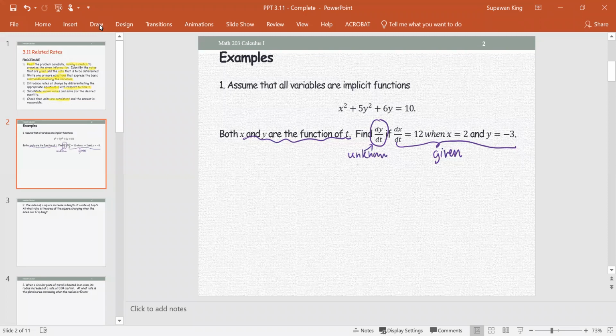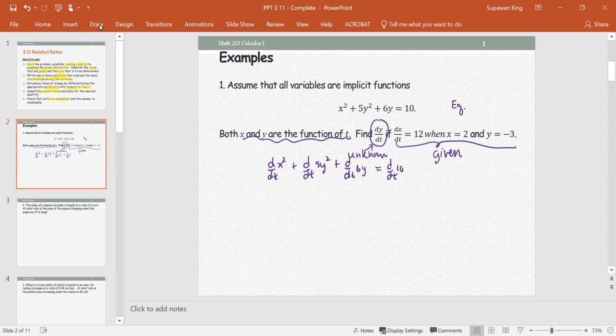Now, the equation provided, the implicit equation, tells the relationship of the variables x and y. Next, we find the derivative with respect to t of all terms. You get d by dt of x squared plus d by dt of 5y squared plus d by dt of 6y equals d by dt of 10.